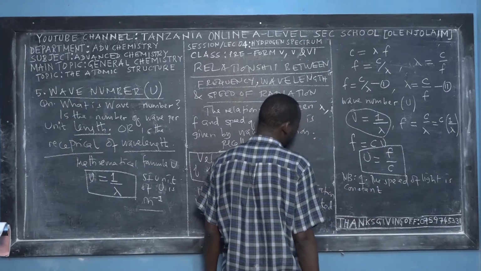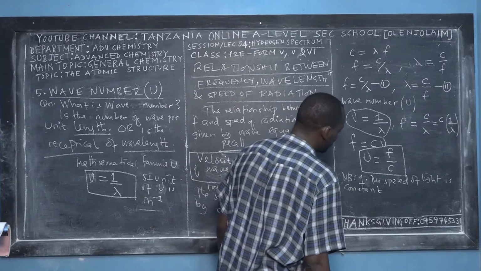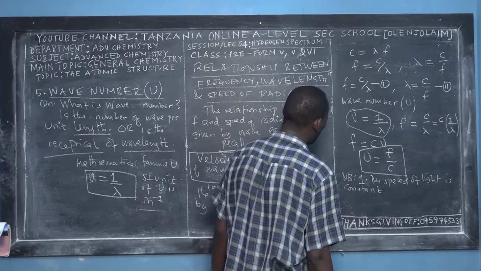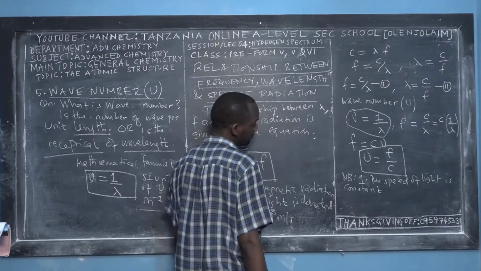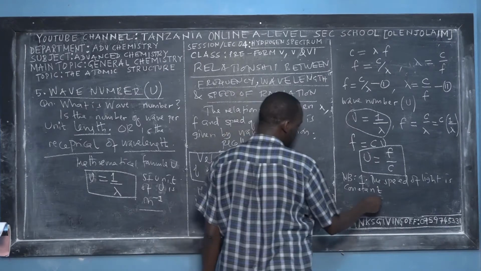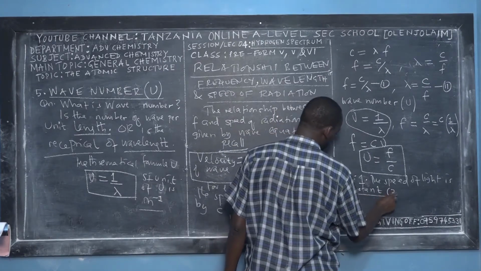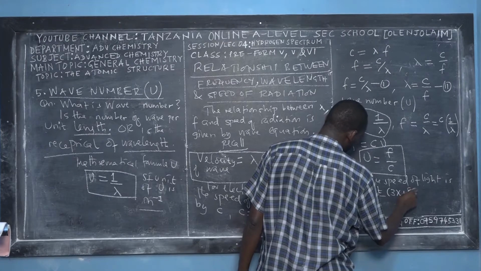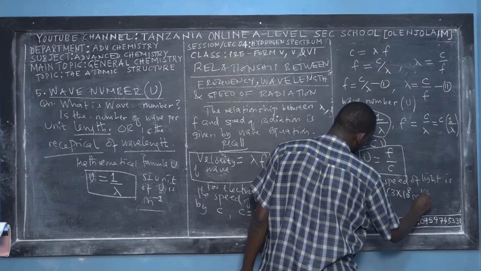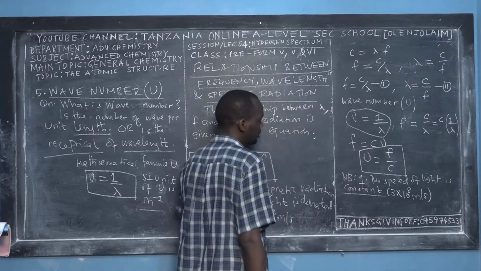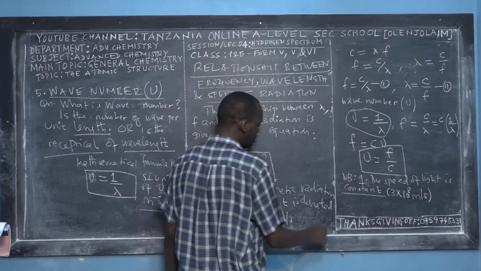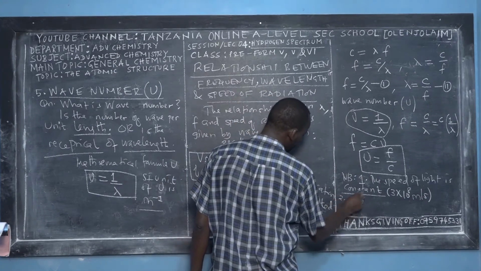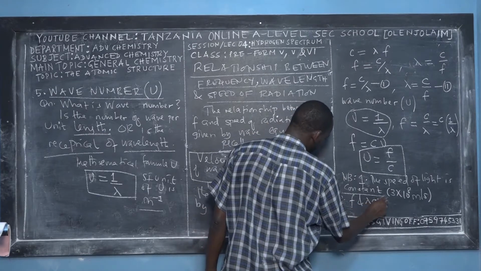Because it is constant, it is known, so even if you are not given it for the computation, you can recall it. Again, frequency and wavelengths are variable.